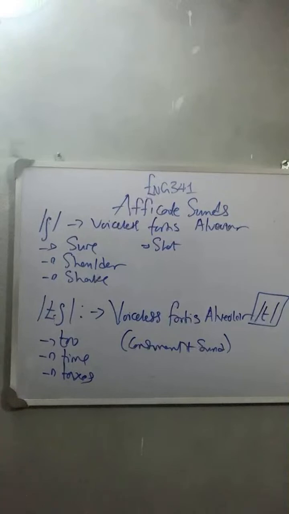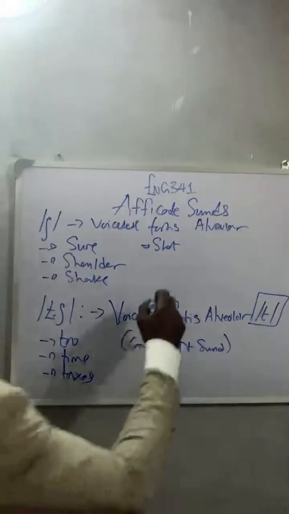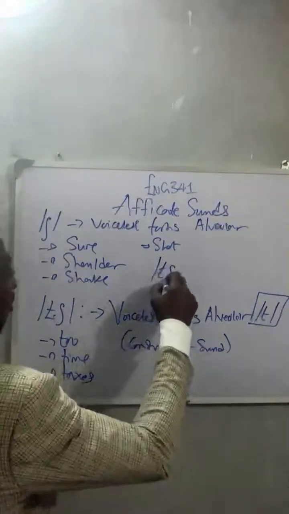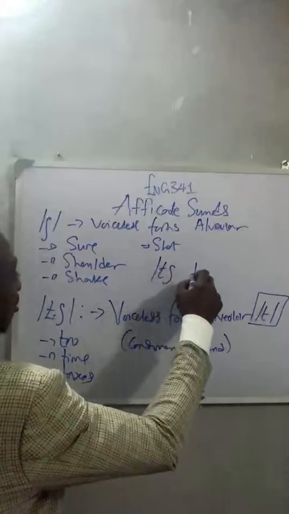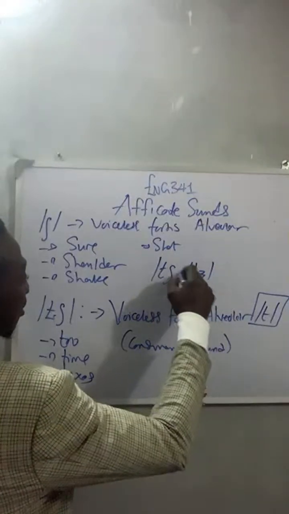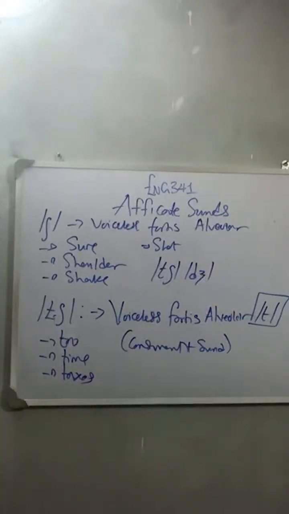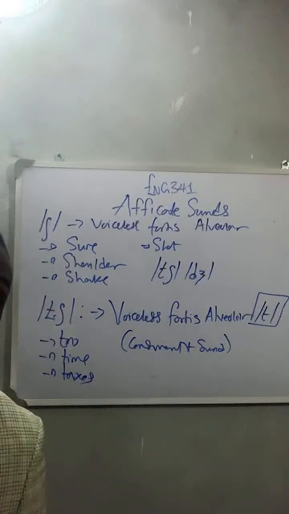Now let's look at examples of the second pair. Let's not forget we have d and ʒ. Let's dissect this and see what we can get out of it.